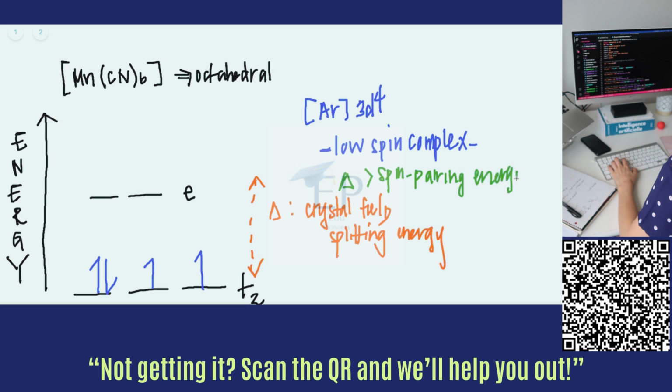Okay, this means then, yes, there is some energy required to keep these electrons within the same orbital because there is repulsion. However, it would take more energy to promote this electron to the E states than to keep it here, despite the repulsions that it feels and experiences, okay? So for that reason, then, this is the correct configuration for this crystal field splitting diagram with 2 electrons paired in the T2 state and 2 electrons unpaired.